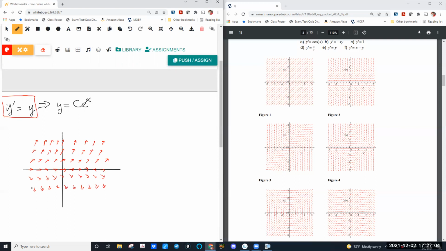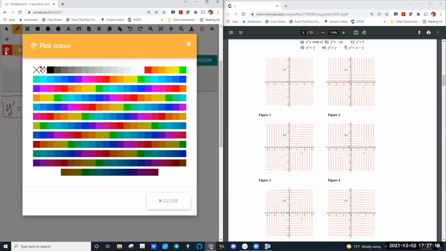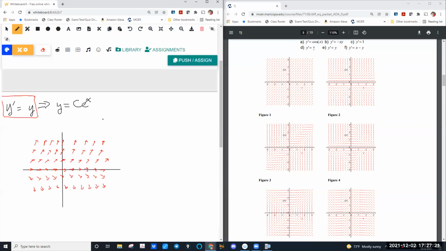Wouldn't the slope be going up at 0 though? Since e to 0 is 1. Well, remember, this part, the y, is the solution to the differential equation, y equals c e to the x. So we don't want to get those two conflated. Maybe I shouldn't have written this on here just yet.